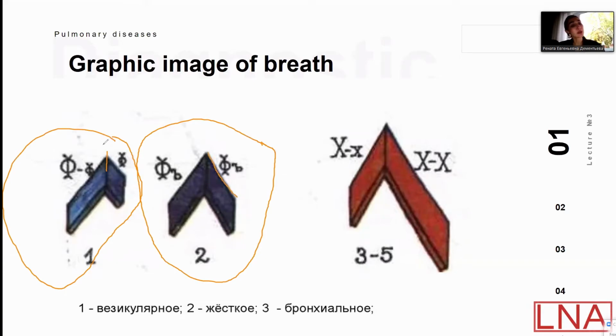So the difference between vesicular breathing and hard breathing is the duration of the phases of inspiration and expiration. In the case of hard breathing, it will be a similar duration in both phases.